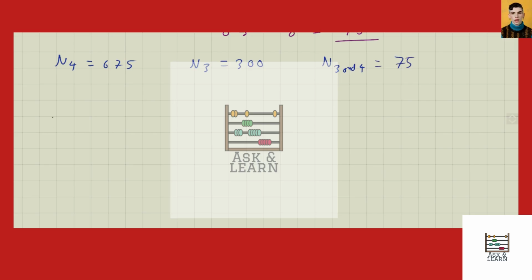So at the end, the number of integers that are divisible by 3 or 4 is going to be n4 plus n3 minus n3 and 4, to eliminate the double counting. So this is equal to 675 minus 75 plus 300.